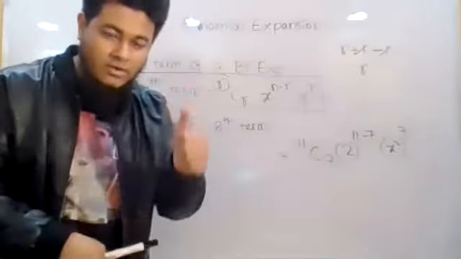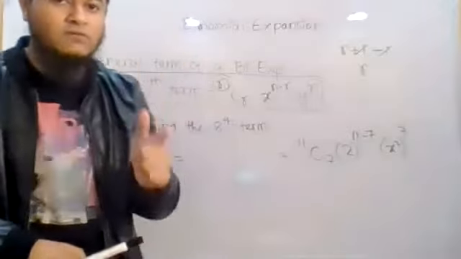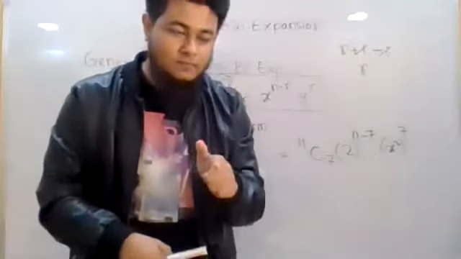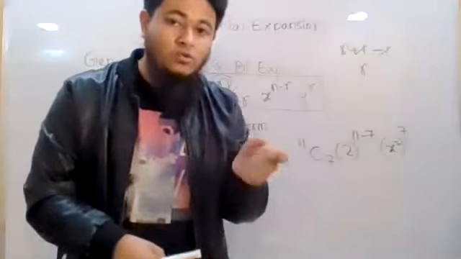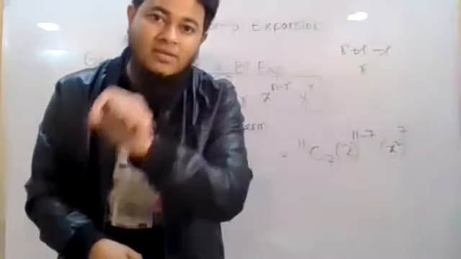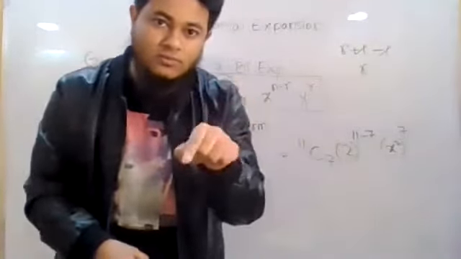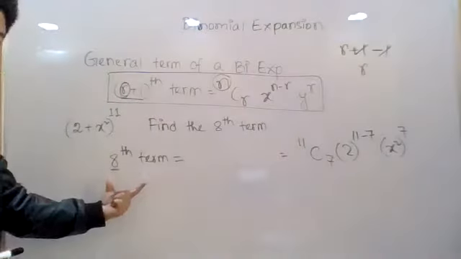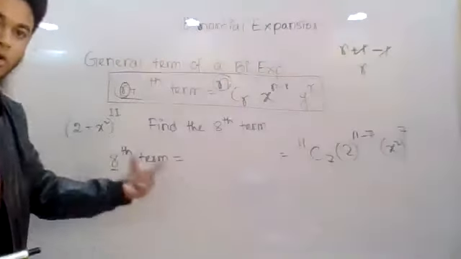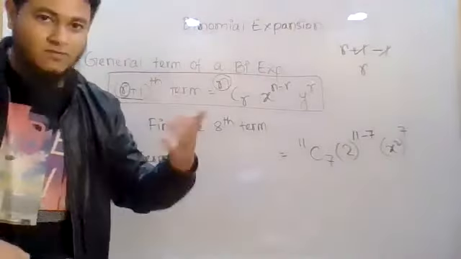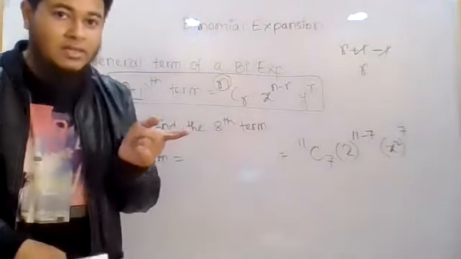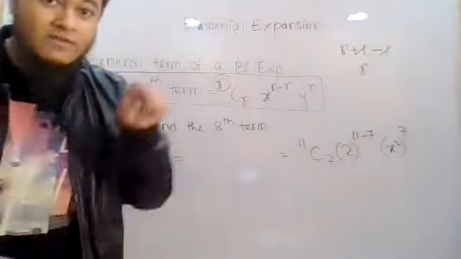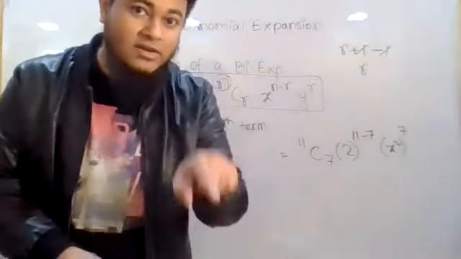Okay, I will tell you again, listen carefully. If you are asked to find out which terms will be the middle terms, which term, then this answer is enough. The eighth term is the middle term, or the seventh term is the middle term, whatever it comes. Okay, but then they might ask you to find those terms.